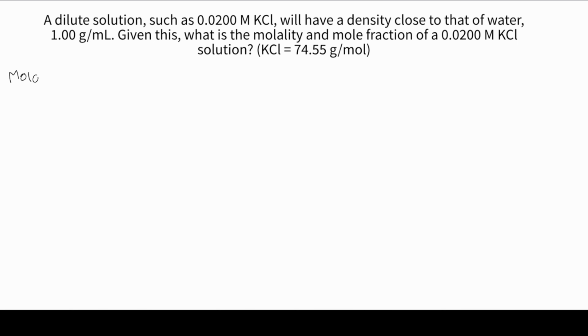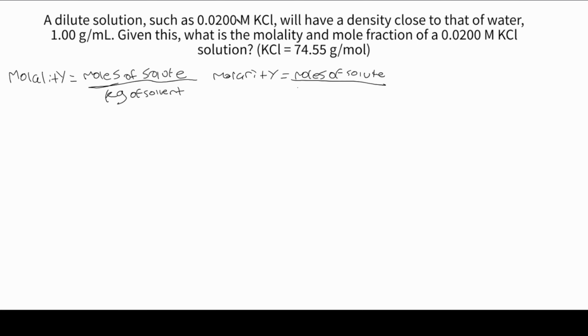Molality, or little m, is equal to moles of solute over kilograms of solvent, and molarity is equal to moles of solute over liters of solution.